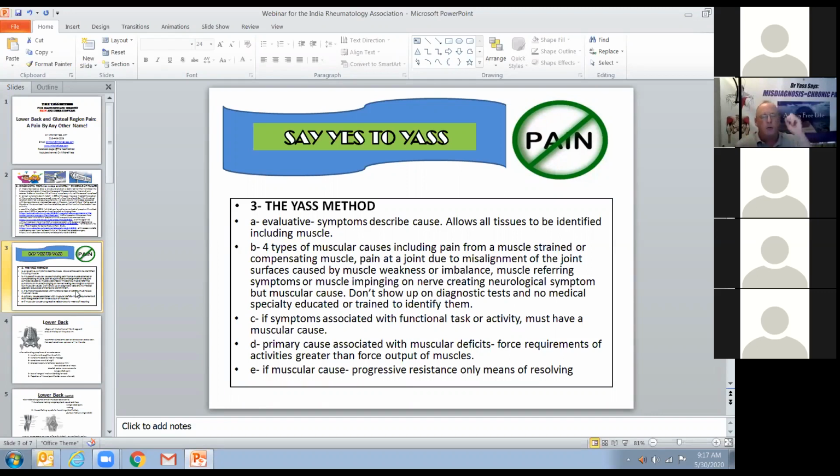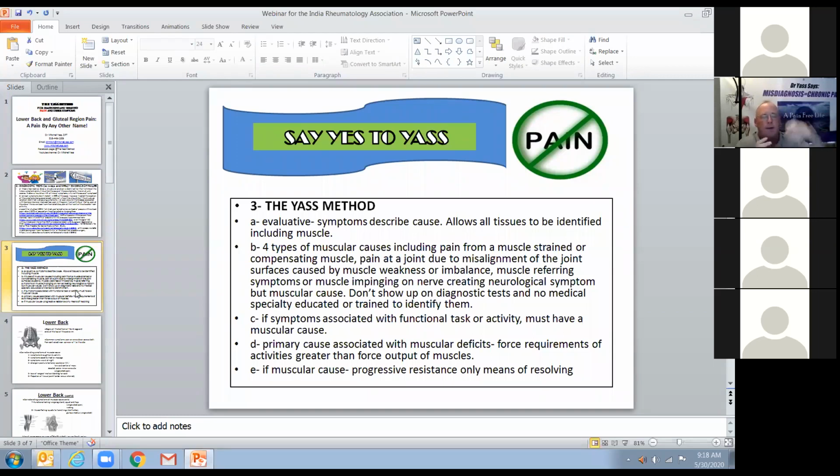Establish cause, resolve cause. So in evaluating symptoms, I started recognizing that there seemed to be a very high percentage of these symptoms that were associated with muscle. And I started recognizing that through this evaluation, this interpretation of the symptoms, I was able to determine it was muscle.